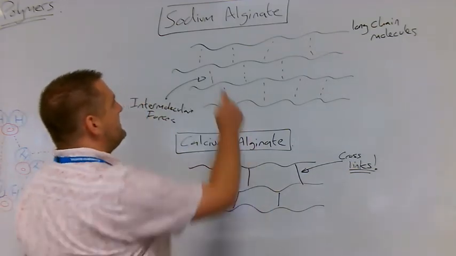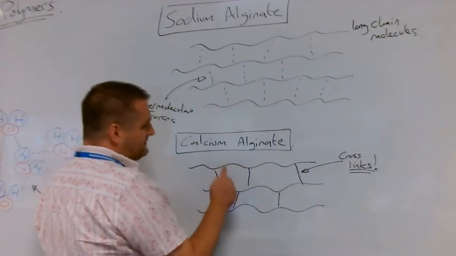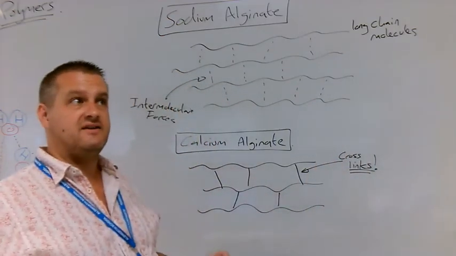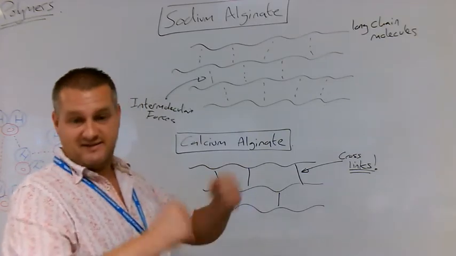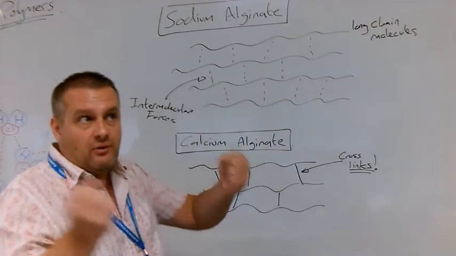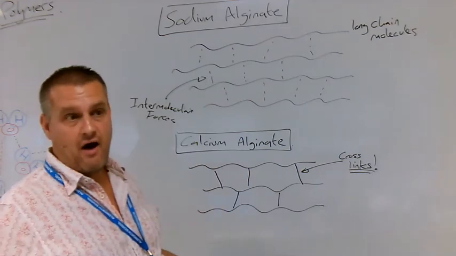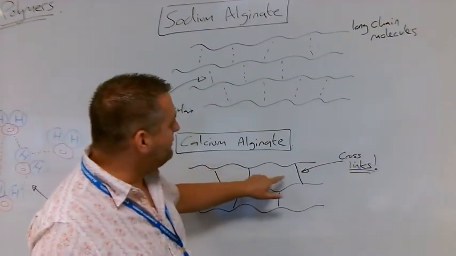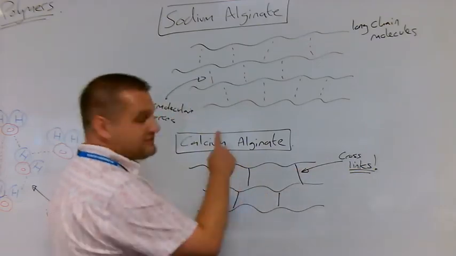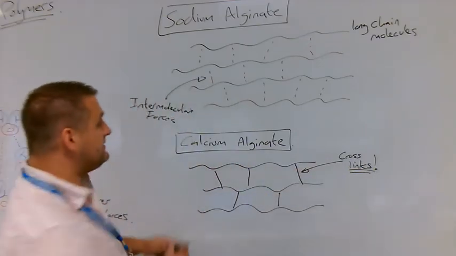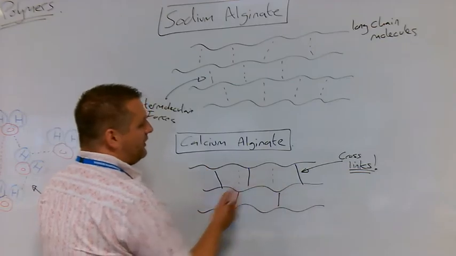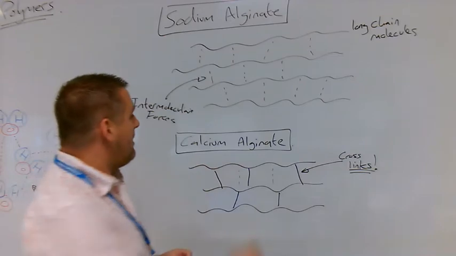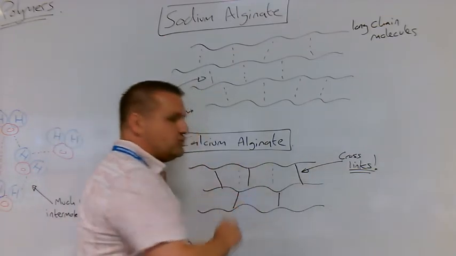The difference is, when this forms, you get something called crosslinks, and in C7 we talk about this a lot more for plastics. It's one of the main reasons why some plastics are flexible, like the kind of plastic you make a plastic bag out of, and other plastics like a plastic chair are much harder. In calcium alginate, it forms some crosslinks. So we still have these intermolecular forces, but as well as those, we actually have links, covalent bonds, between those individual chains.